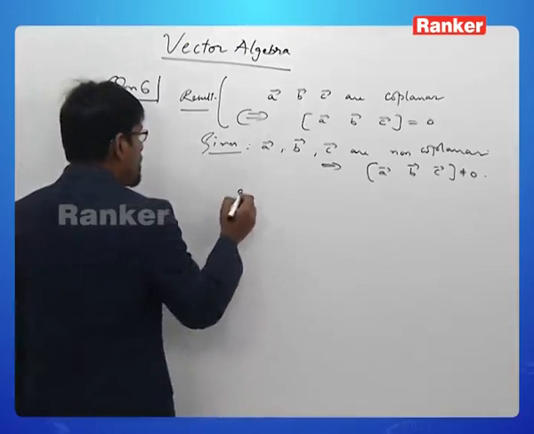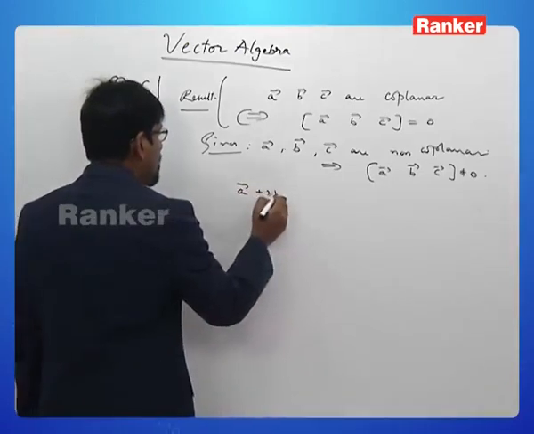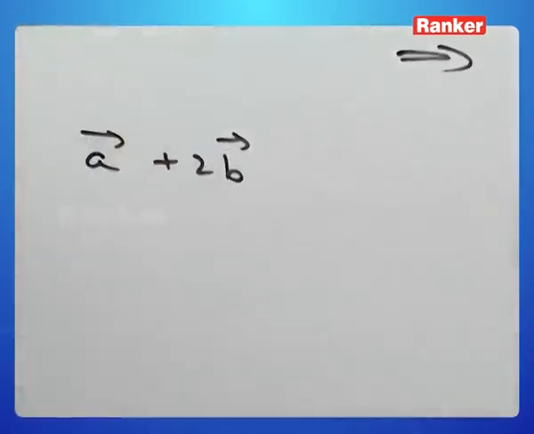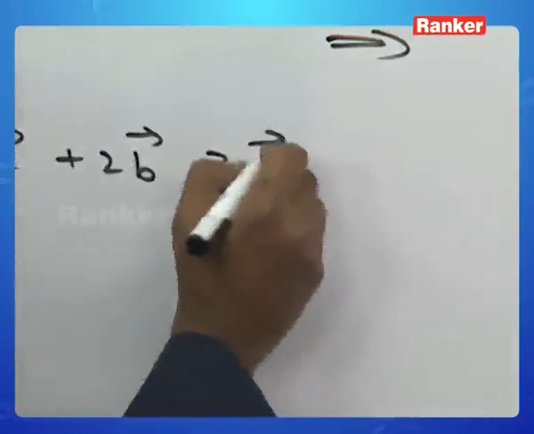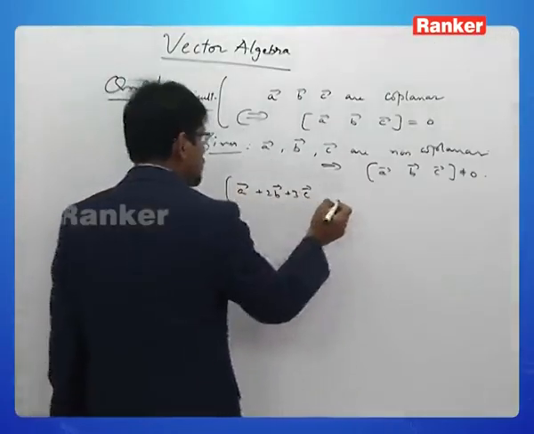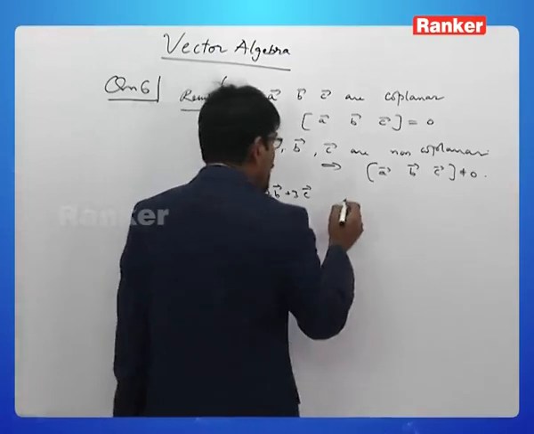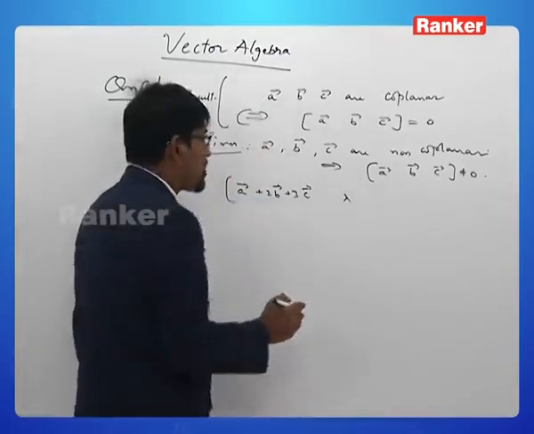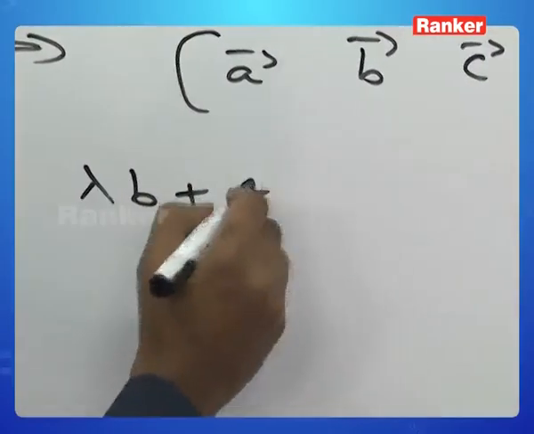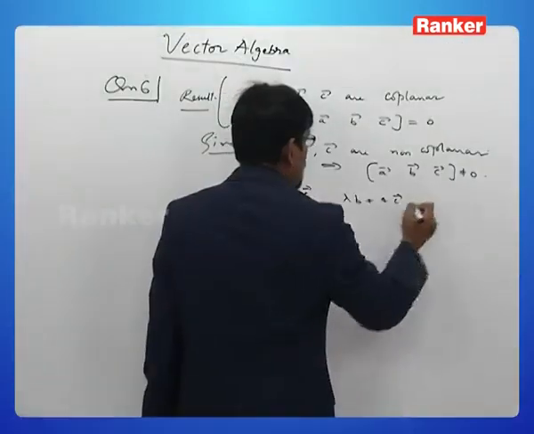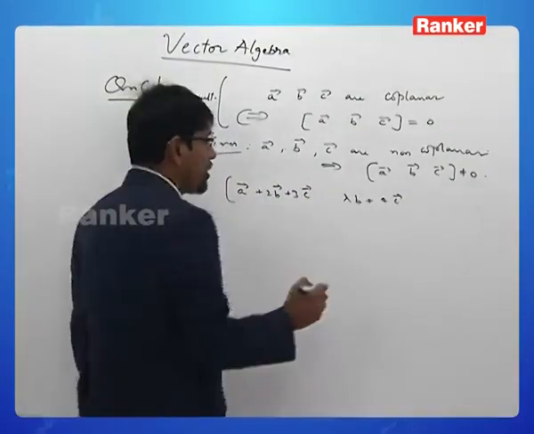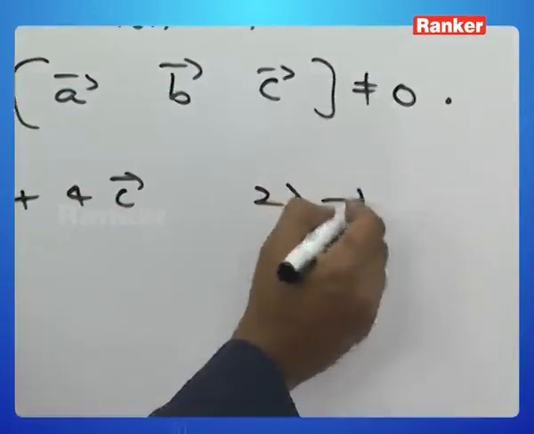Now we are interested in the box product of a bar plus 2b bar plus 3c bar, and lambda b bar plus 4c bar. Also the third vector is (2 lambda minus 1) into c bar.